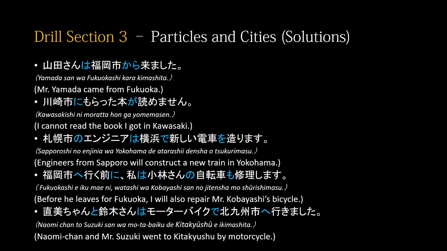So this is once again our third drill section, this time a lot more complicated than the previous ones, but I have a feeling that you have already correctly resolved all of these sentences and that this was only the final icing on the cake.